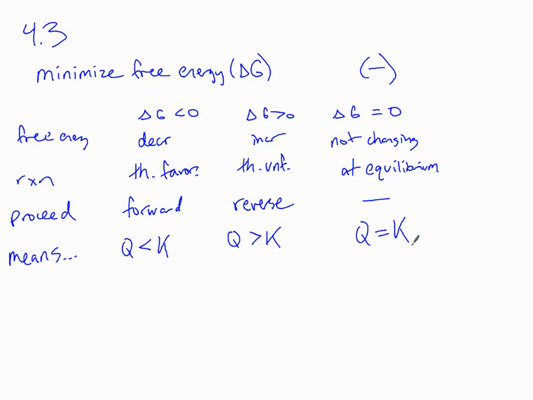And so there's a formula that you have, and it's already written on here. There's a relationship between delta G and Q. So the delta G of the reaction equals the standard delta G of the reaction plus R times T times the natural log of Q. This is not the exact form that you see on the AP formula sheet, but there is a similar one.